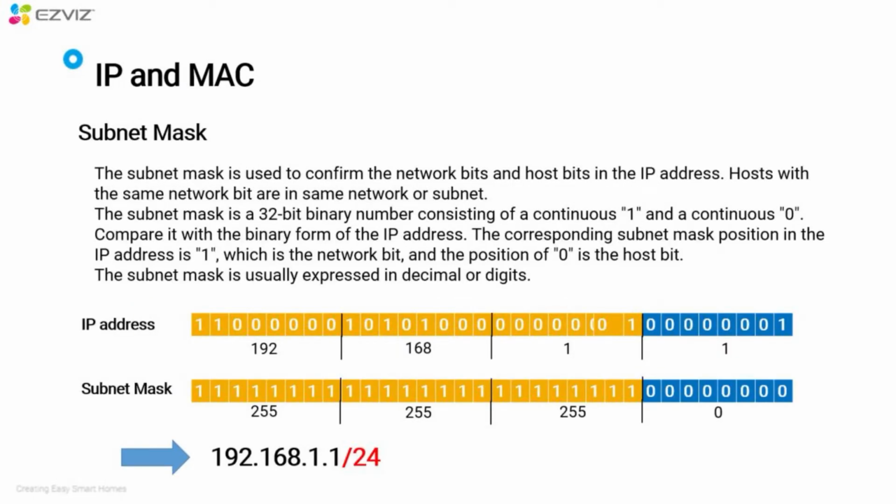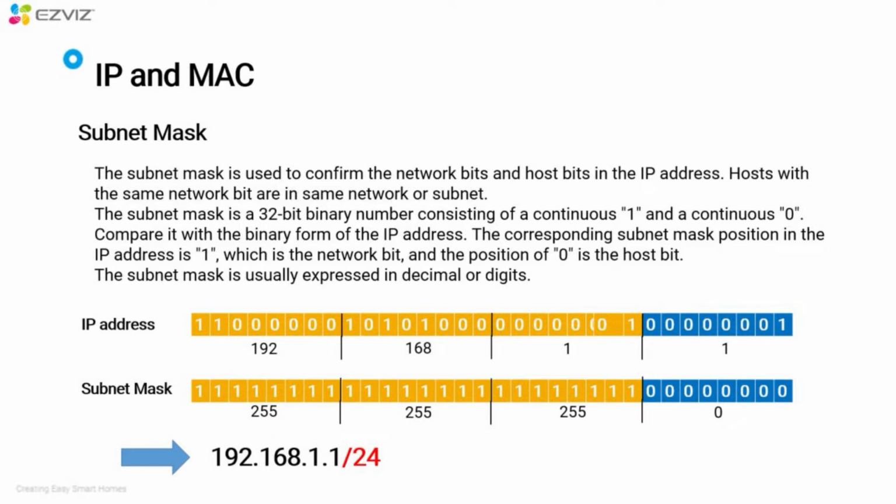IP addresses are written and displayed in human-readable notation, such as 192.168.1.1 in IPv4. The size of the routing prefix of the address is designated in CIDR notation by suffixing the address with the number of significant bits.